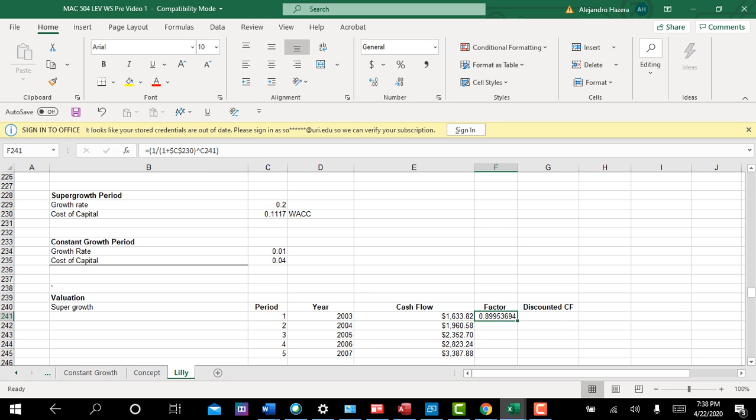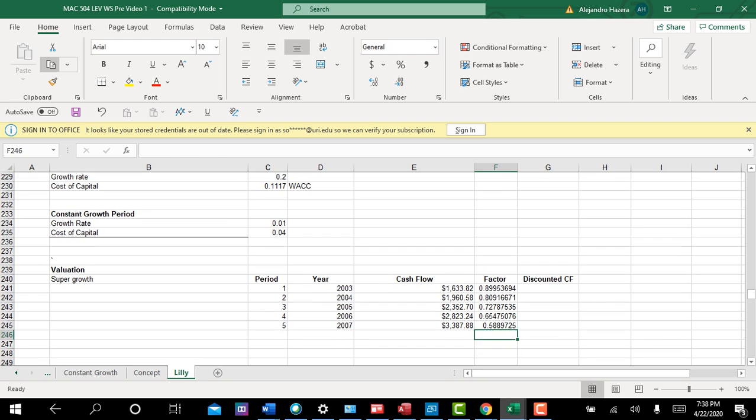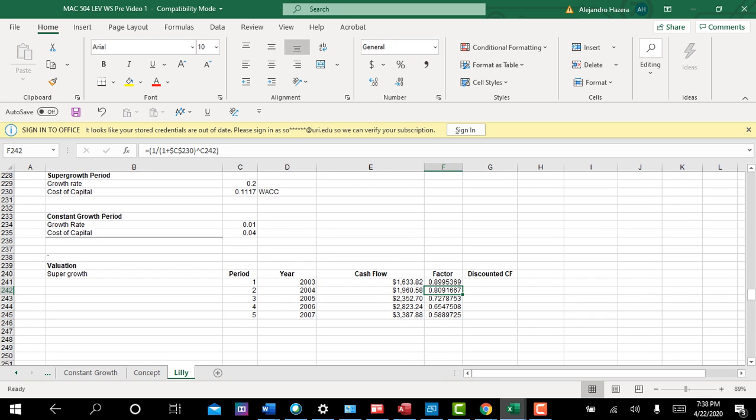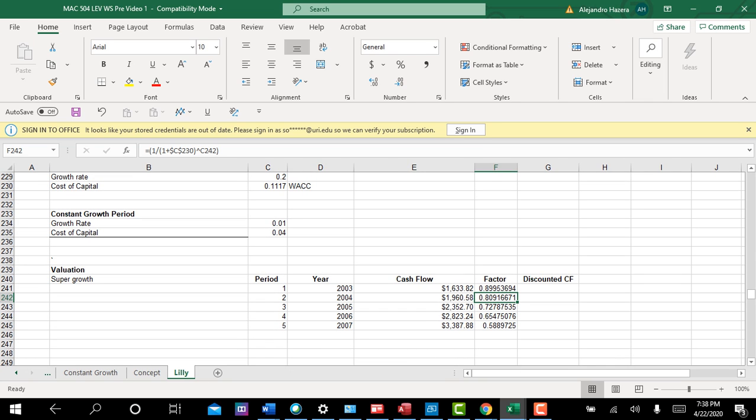That is correct, and I'll just copy that down. That's pretty striking, how fast the value of a dollar is declining. In the first year, it's worth almost 90%, and 5 years later, its discount factor is only 60%.